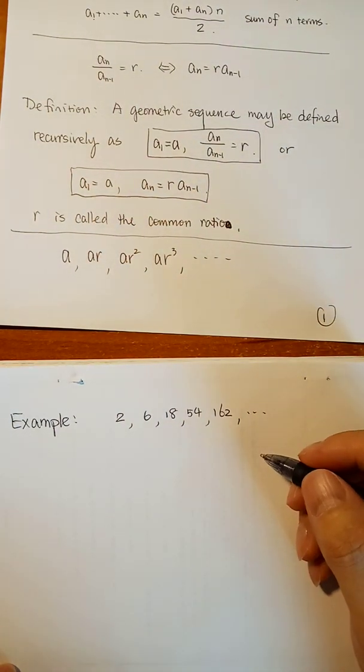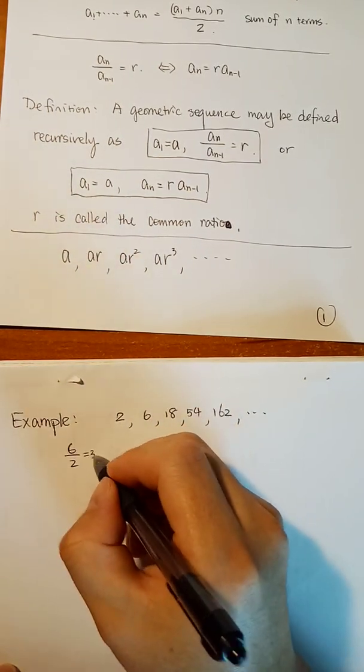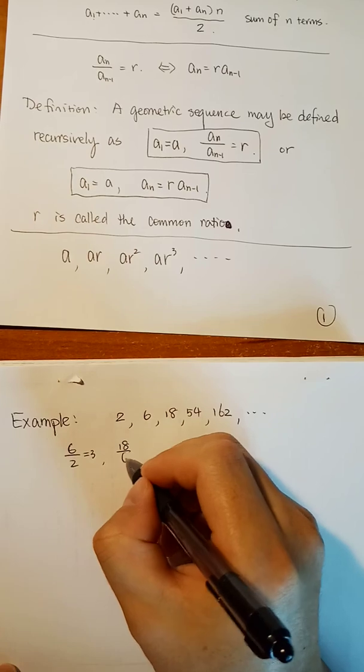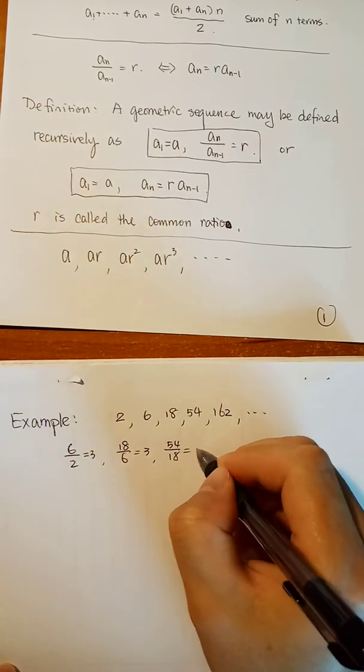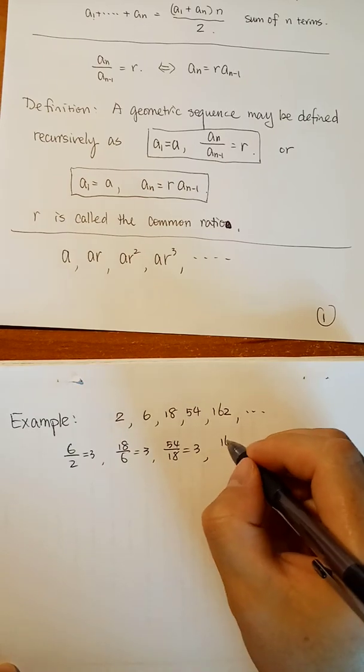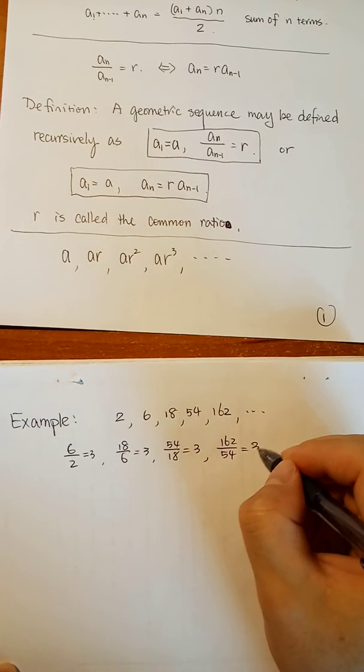For this sequence, let's check: 6 over 2 is 3. 18 over 6 is 3. 54 over 18 is 3. 162 over 54 is also 3.